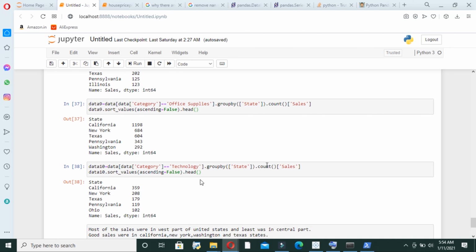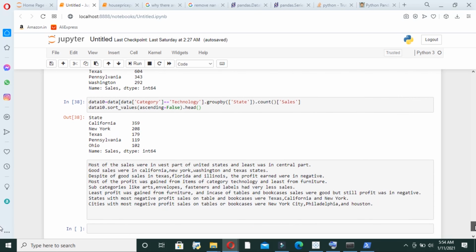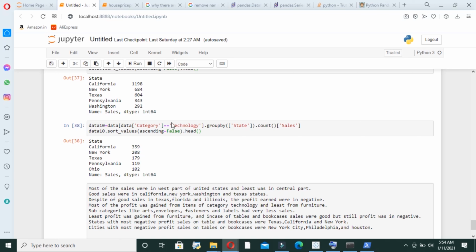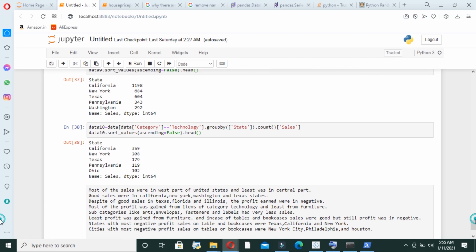After that, I found the sales in various states in the category technology. The most sales were in California again, then New York, then Texas, then Pennsylvania, then Ohio.